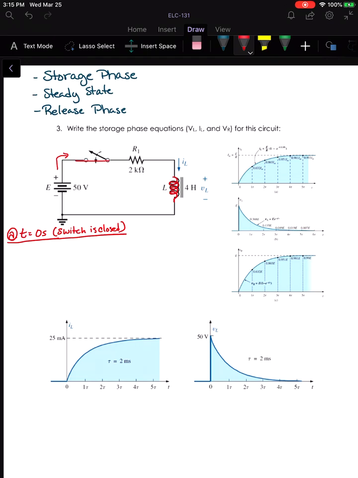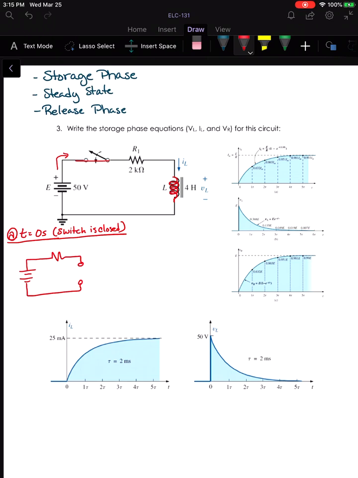However, right at that moment where we close the switch, basically our inductor is acting like an open circuit. It doesn't want to allow the current to change, and the current before this point was 0. There was no current. So right at t equals 0, the switch is closed, our inductor looks like an open circuit.